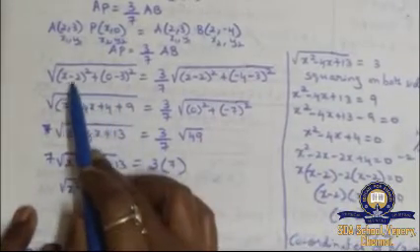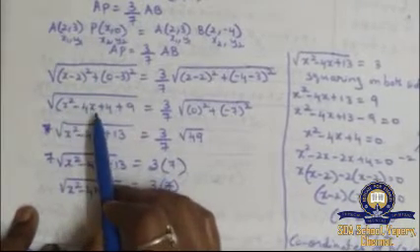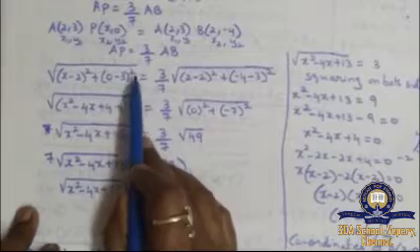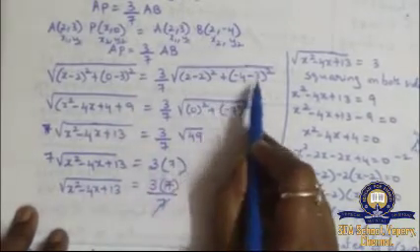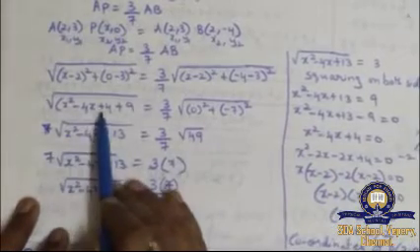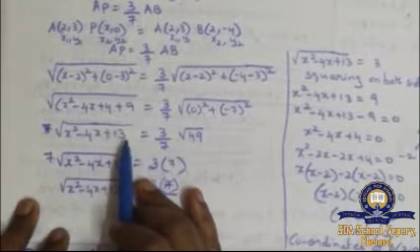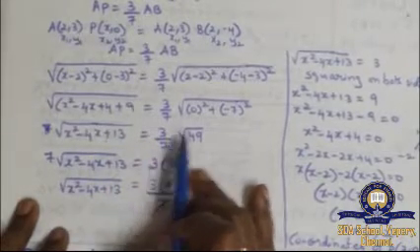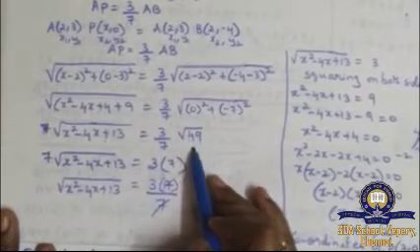So after that, using the a minus b the whole square formula, x square minus 4x plus 4, and this minus 3 the whole square, 9 will come. 2 minus 2 is 0 square, plus minus 4 minus 3 is minus 7 the whole square will come. So I can club and write the numbers alone. Root of x square minus 4x plus 13 is equal to 3 by 7, 0 that's all, minus 7 the whole square means root 49 will come.